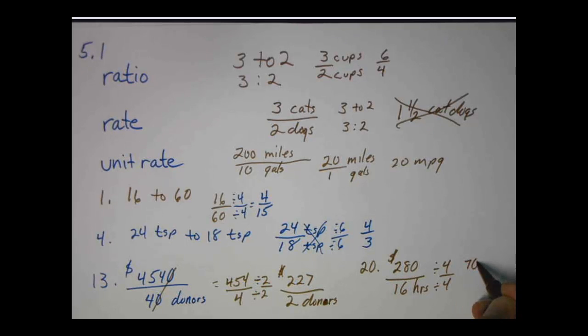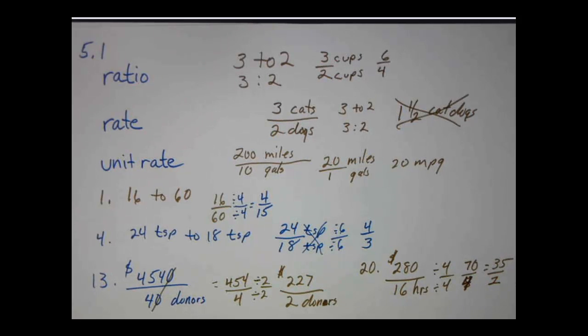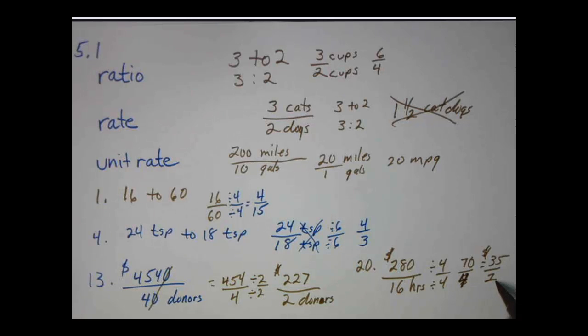So then we would have 70 to 4. Okay, and then I notice they're both even, which reduces 35 to 2. All right, again, dollars to hours. Running out of paper here.